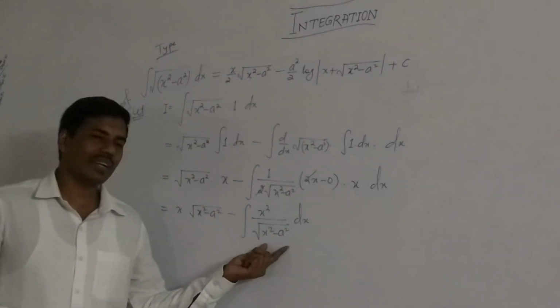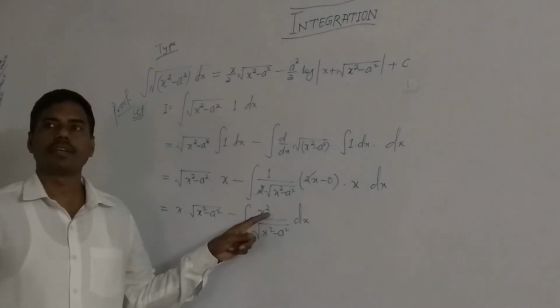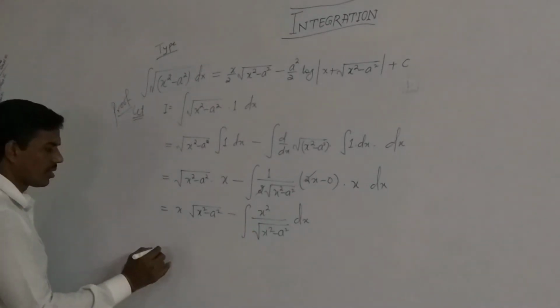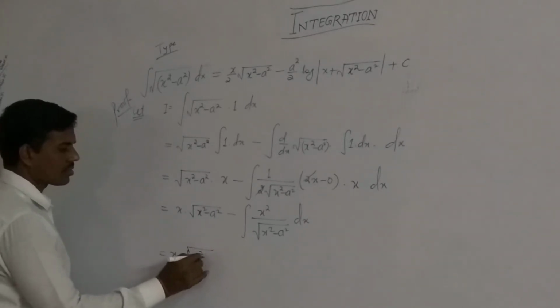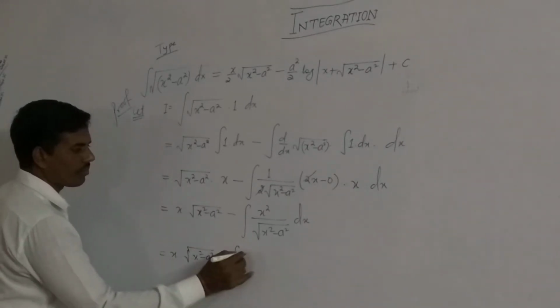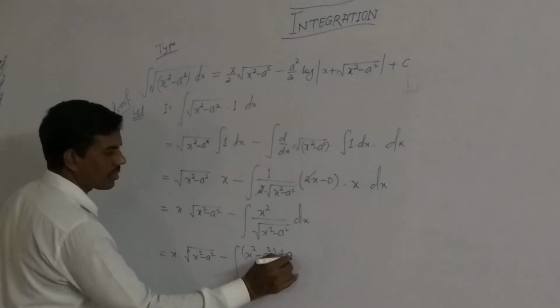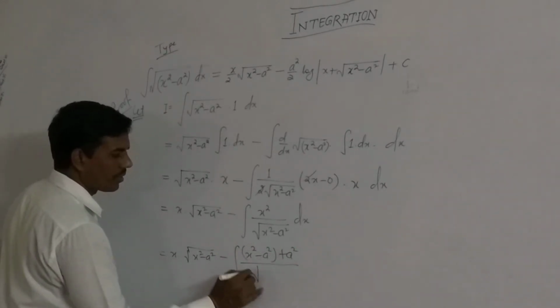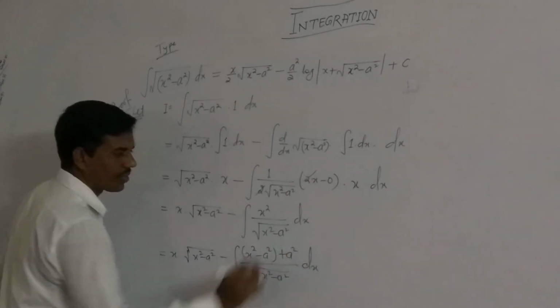Means we have to generate minus a square in numerator. So for that we have to write x into under root of x square minus a square minus x square minus a square plus a square upon under root of x square minus a square dx.